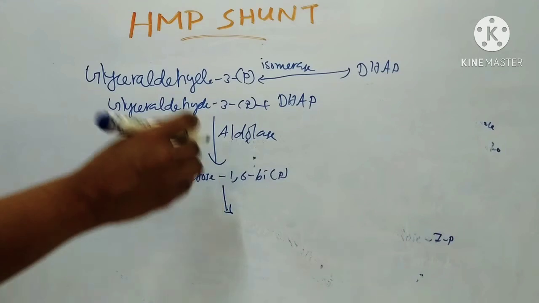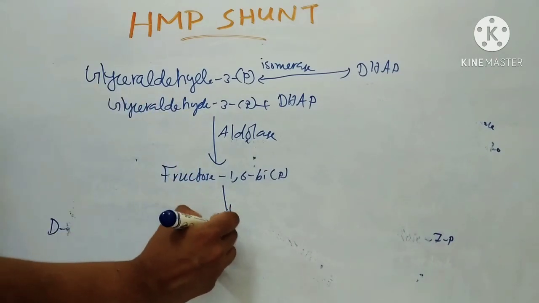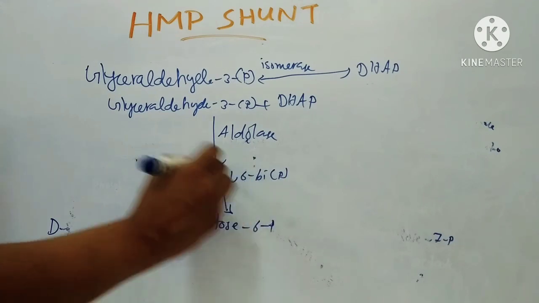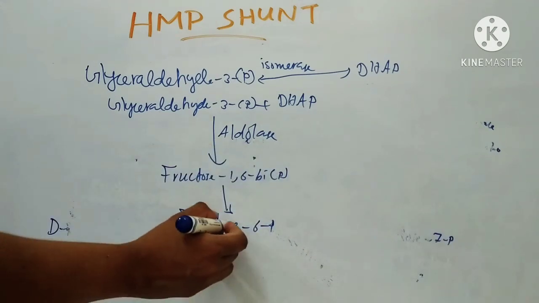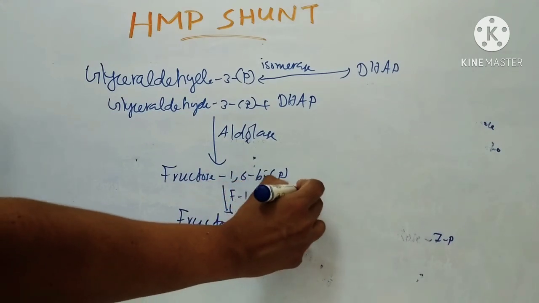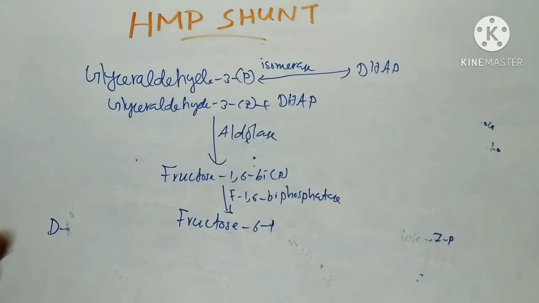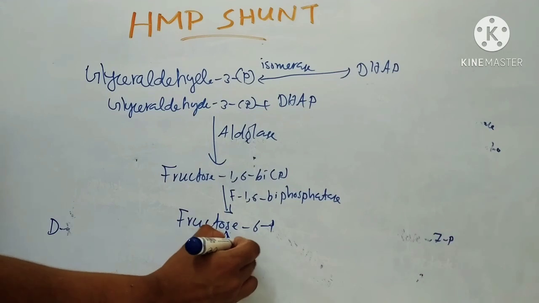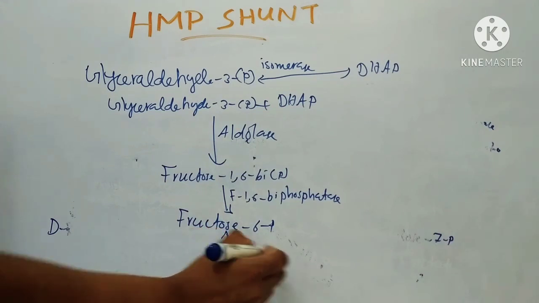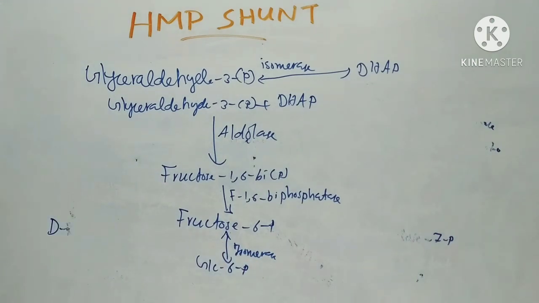Then by the enzyme fructose 1,6-bisphosphatase, it is converted to fructose 6-phosphate. This fructose 6-phosphate can be converted by the enzyme isomerase to glucose 6-phosphate, which can recycle the pathway. So this is about the HMP shunt.